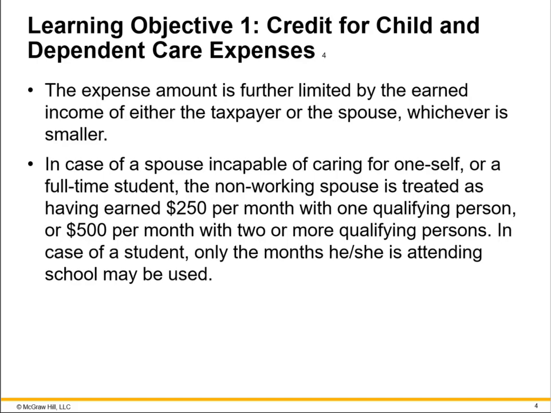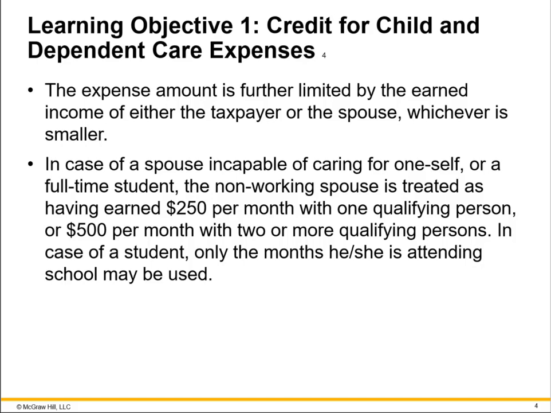And to make sure that this is about having work, you have to limit it by the income of whichever is the lowest paid spouse. Now, they wanted to provide a kind of out for those where, married filing jointly, one spouse is working, the other spouse is going to school, a full-time student, or is incapable of caring for themselves.